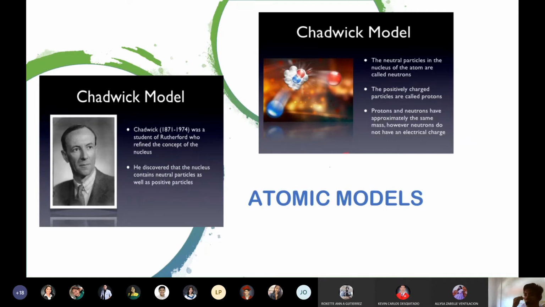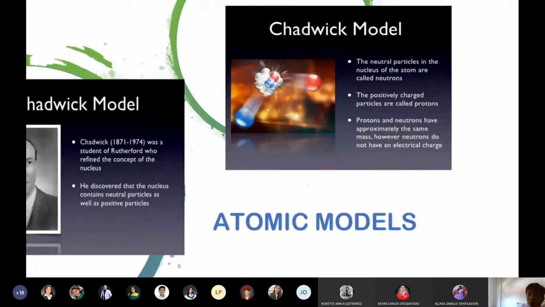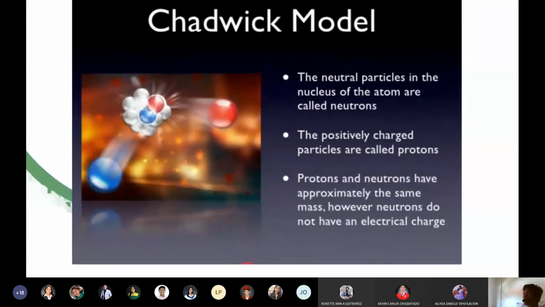And then he found out that in that nucleus, there are two distinct particles. One of them is positively charged and the other is neutral, with no charge. He said that means the nucleus is composed of two different particles. The positively charged particle is coined as the proton, and the neutral particle he called neutrons.